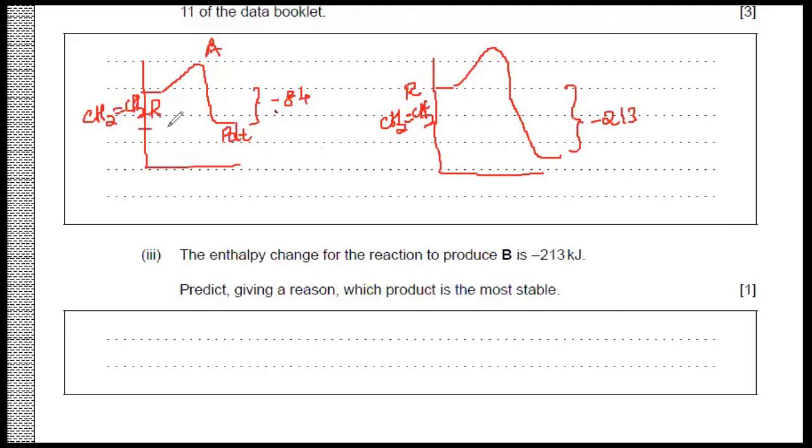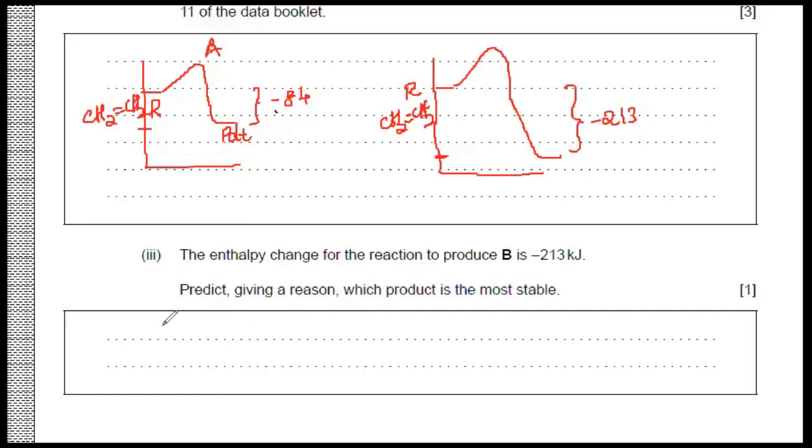The energy level for product A is higher than the energy level for product B. Since more energy has been released when compound B was formed, B is more stable than A. I'll repeat again. When B was formed, a greater amount of energy was released, and hence B is more stable than A.